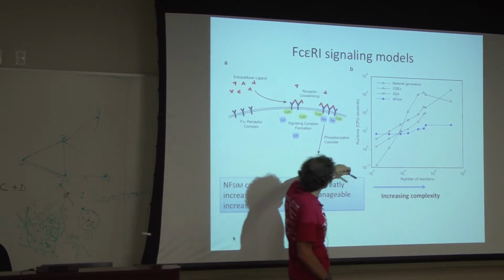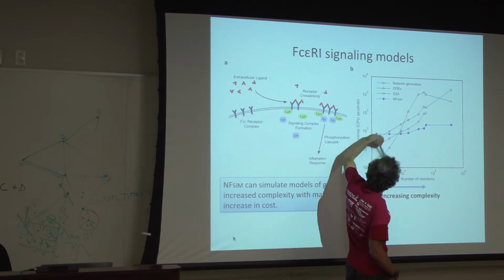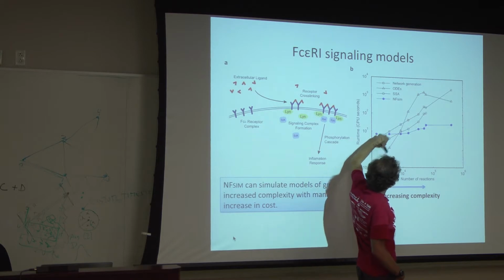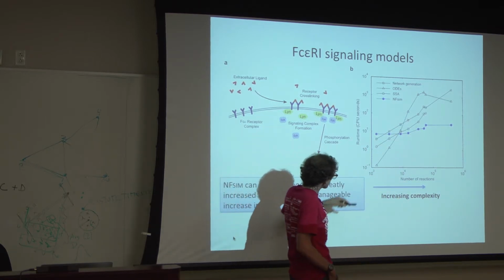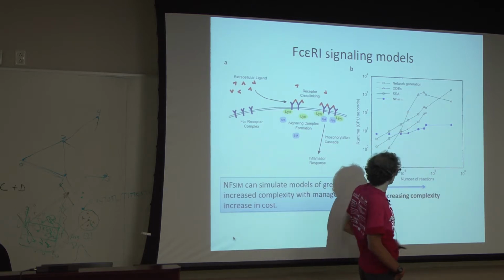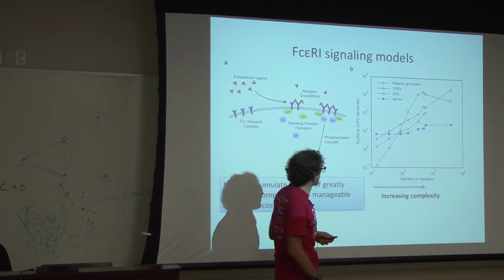But all the other methods that we're showing here, that are based on actually generating a network in advance, or basically unrolling that network as the simulation advances, have a scaling which really hits a wall in the face of this combinatorial complexity.